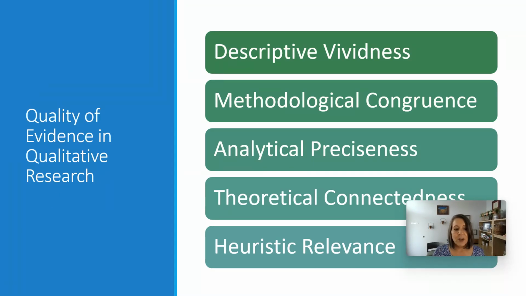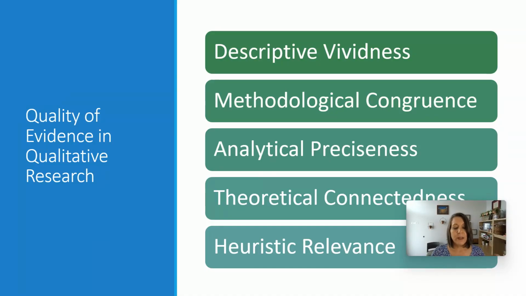Quality of evidence in qualitative research. I'm not going to go into each of these right now because we will be spending more time on it later next semester, when we look at how we show that our qualitative study is strong. But it includes things like descriptive vividness. Were we thorough in our descriptions?